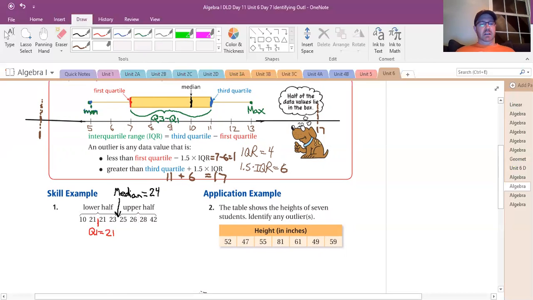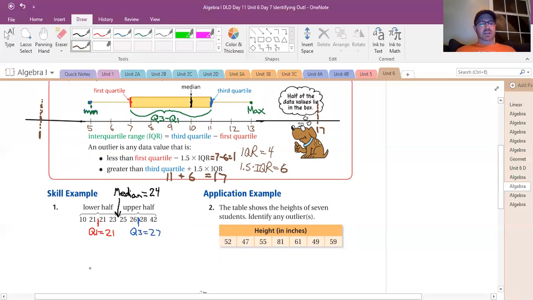All right. And also I have my third quartile, which is going to be directly between the 26 and the 28. Again, you would average 26 and 28 and you get 27. All right.